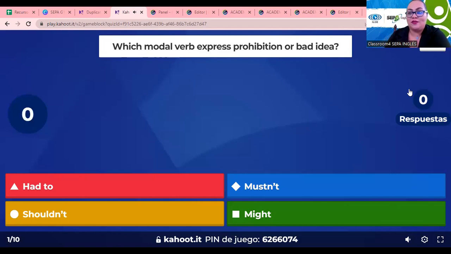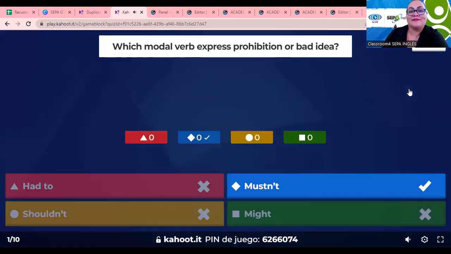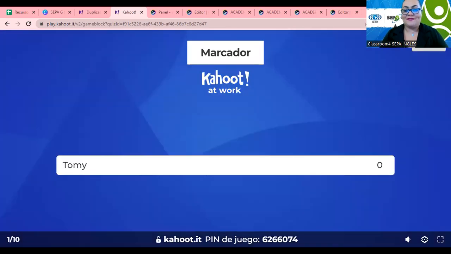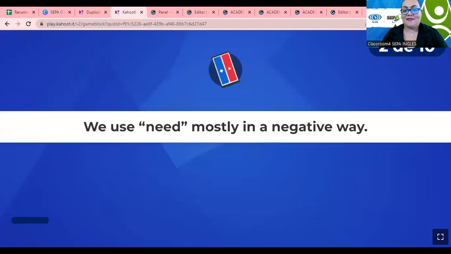What is the answer? Yes, mustn't. That is the answer. Okay. Did you have it right? Yes, I hope so. Number two: we use need mostly in a negative way.